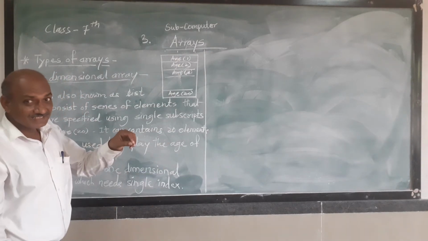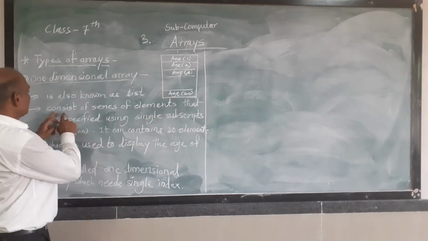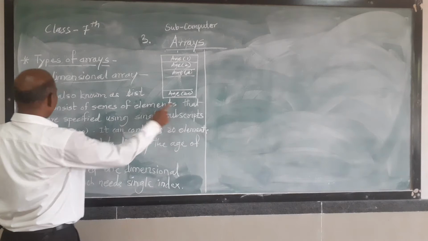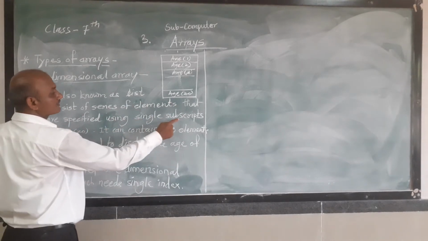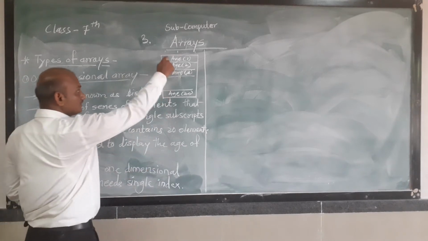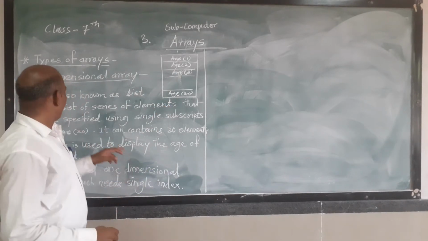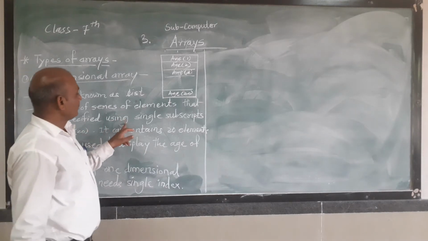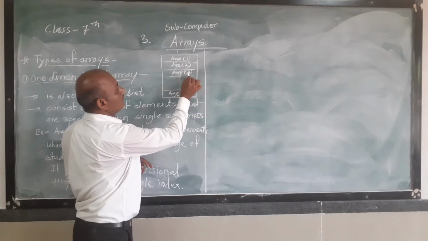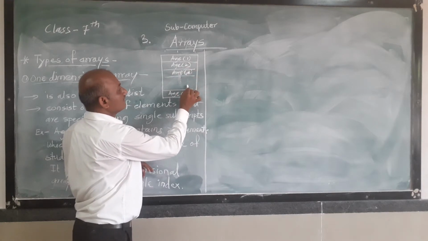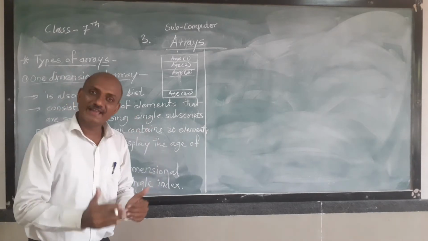These elements are specified using a single subscript. Which is the single subscript? 1, 2, 3, 4, 5, 6, 7, 8, 9, 10 up to 20. These are called the subscript or index.